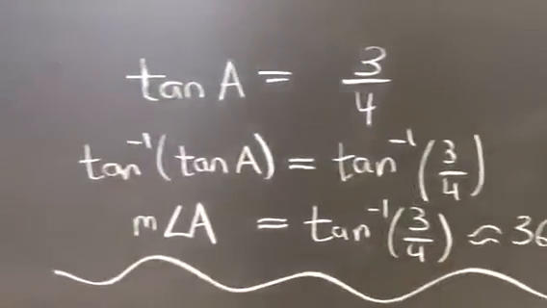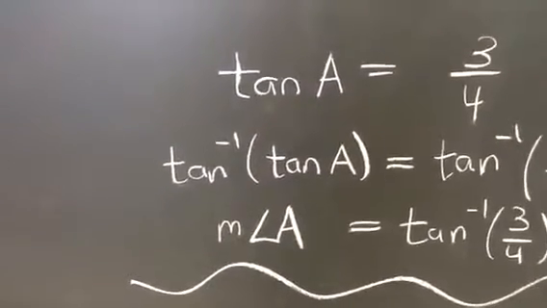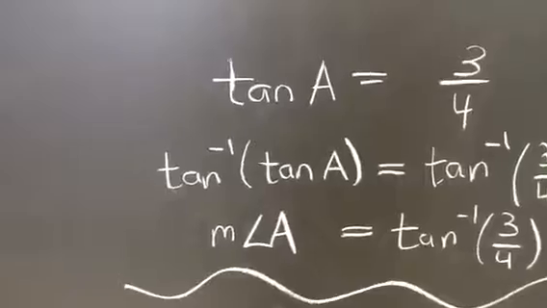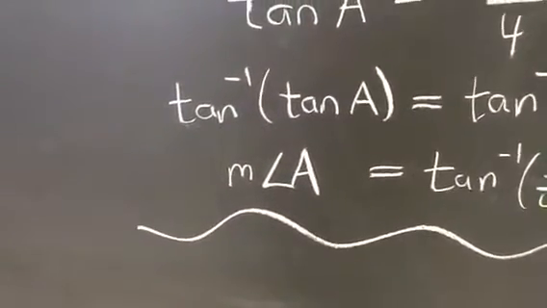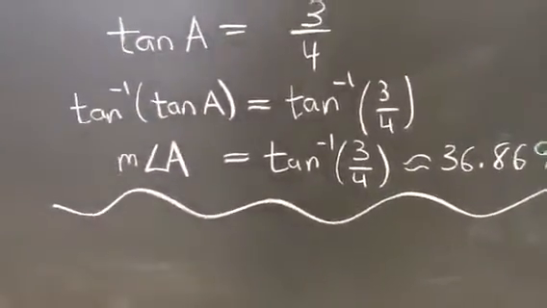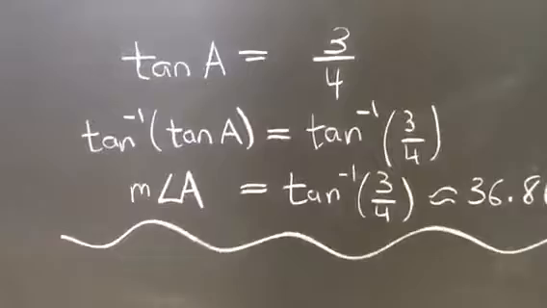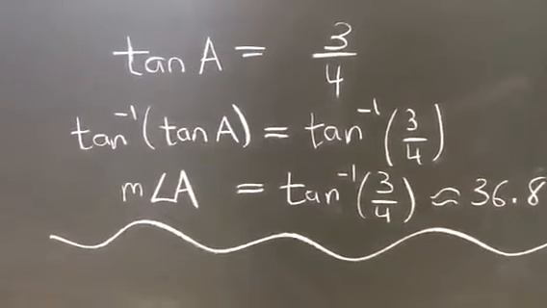And what happens is, on the left, tangent inverse and tangent, these two functions cancel each other out. So I'm left with the measure of angle A. Well, the measure of angle A is going to equal the inverse tangent of 3/4. And I have to make sure my calculator is in degree mode.